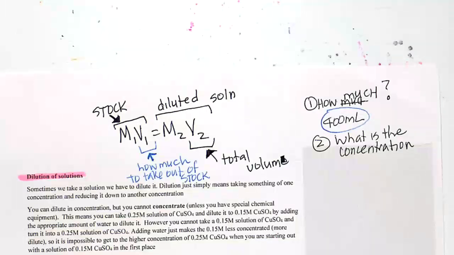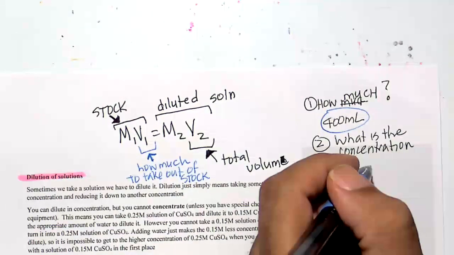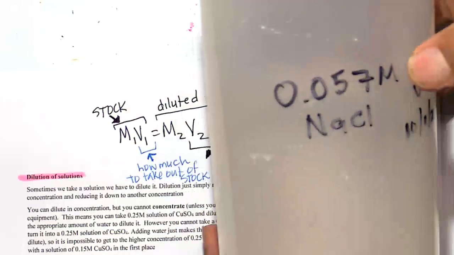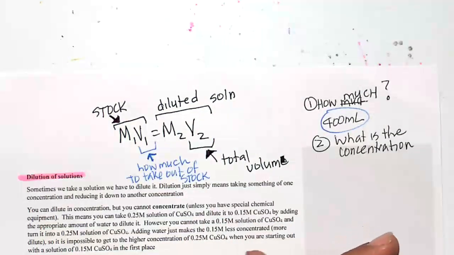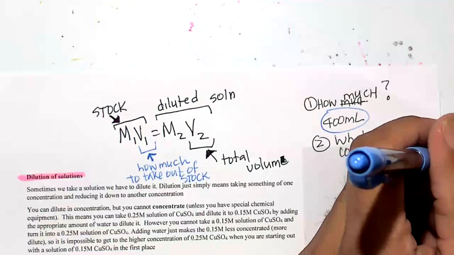Can you imagine if this was glass? This would have been a disaster right here. Complete disaster. So give me a number less than 0.057. Has to be less.